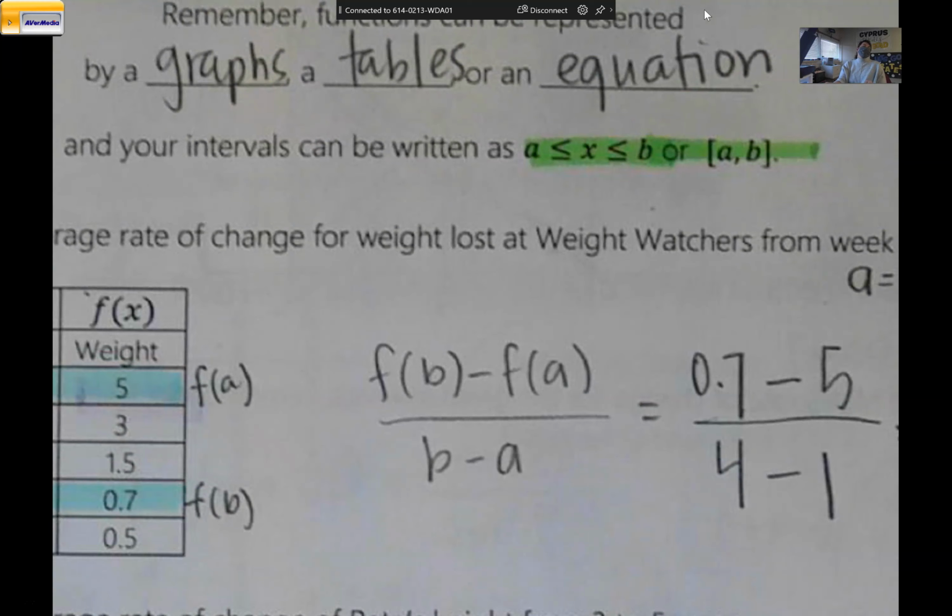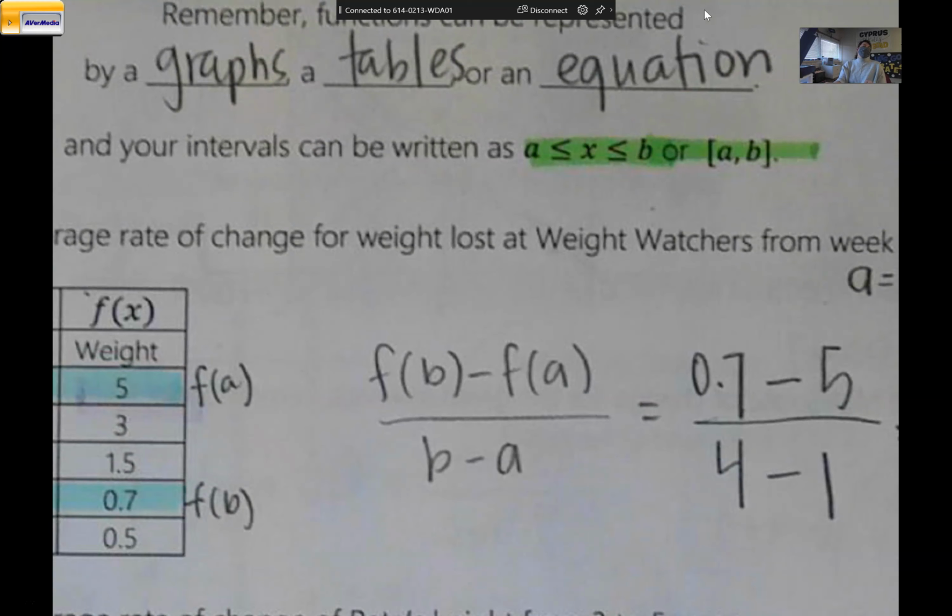So write down the word change as slope. The shortcut for slope, or the easy way to remember it, was rise over run, which is really the change in the y values over the change in the x values.